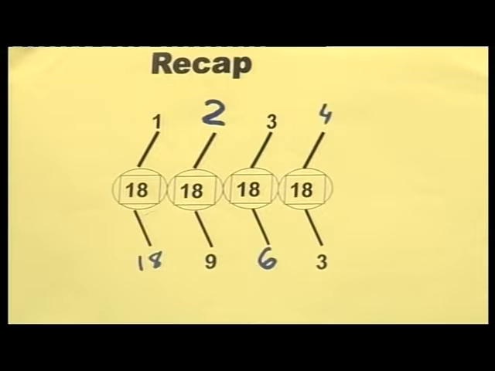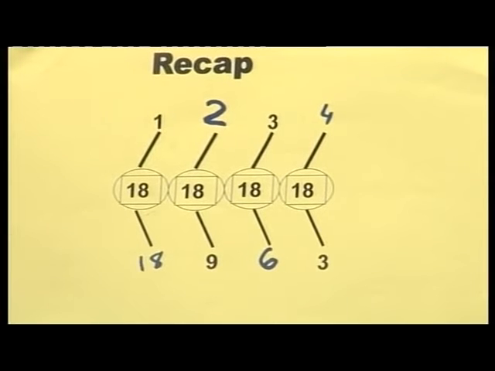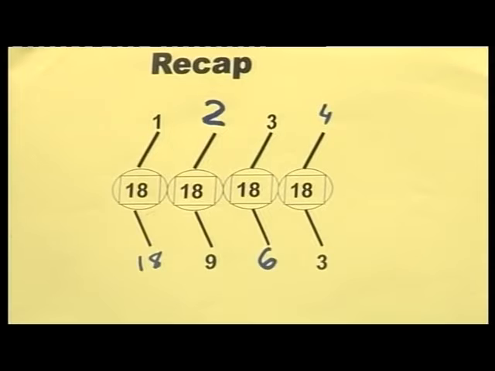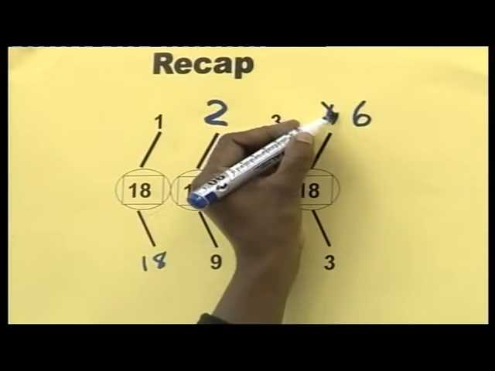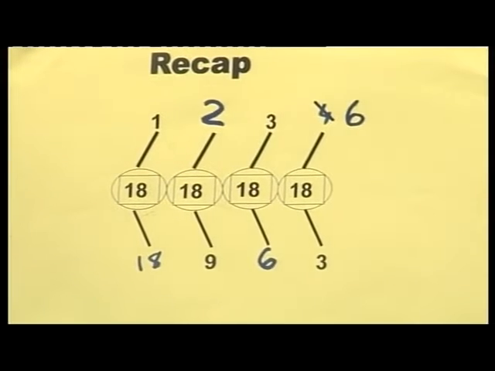Irene from the back, can you call out the factor that you have multiplied with 3 to get to 18? Irene? Correction to the last factor of 18. 6. Is it correct? 6? Yes, very good. So this one is supposed to be 6 and not 4. 4 times 3 is equal to 12. 6 times 3 is equal to 18.